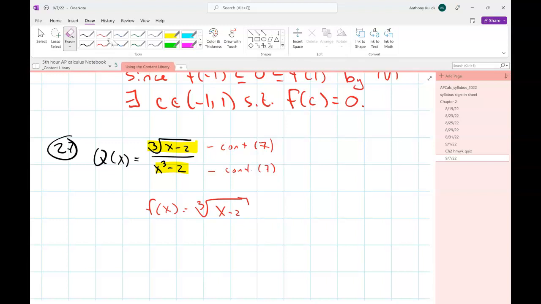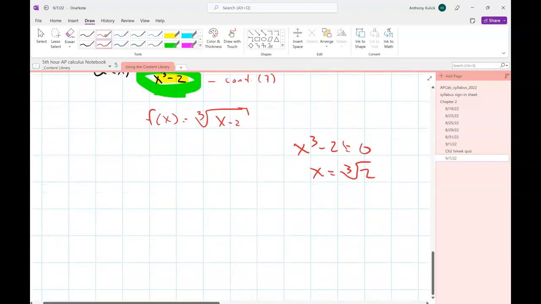But that's the idea, Mackenzie, right? You asked about this one? Oh, the domain? Well, since this is a rational function, the only place that we have an issue is where the denominator is equal to 0. So it's going to just be the cube root of 2 that is the issue.